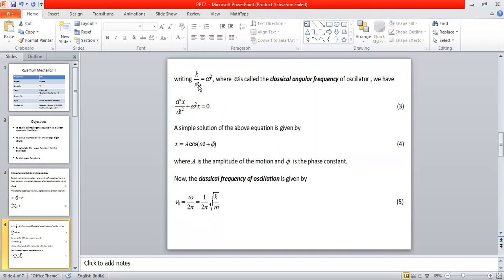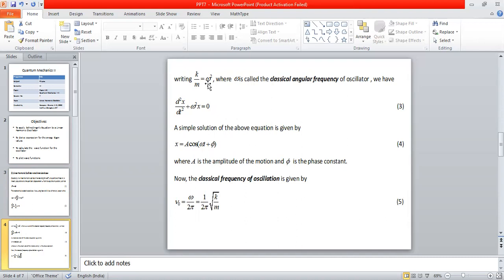Although arbitrarily we have chosen k/m as ω², still ω has the dimension of angular frequency. We use the word classical because we are doing everything as per classical or Newtonian mechanics.